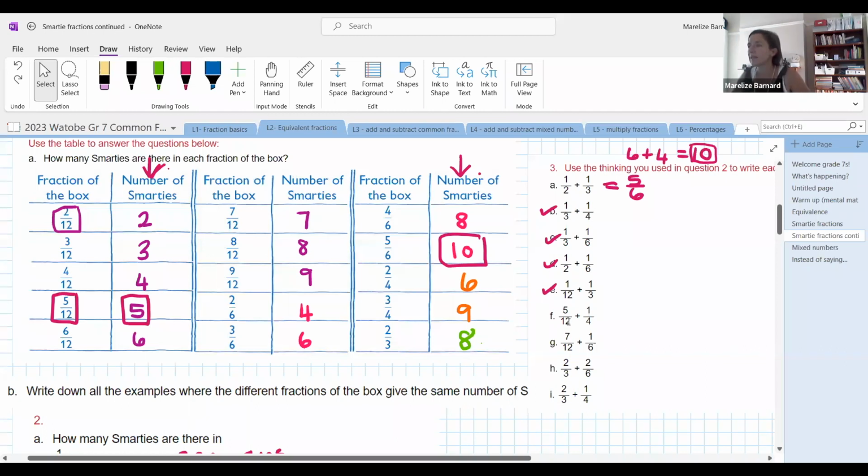See if you can do B, C, D, and E on your own. If you are done, carry on with the rest. You don't have to stop.